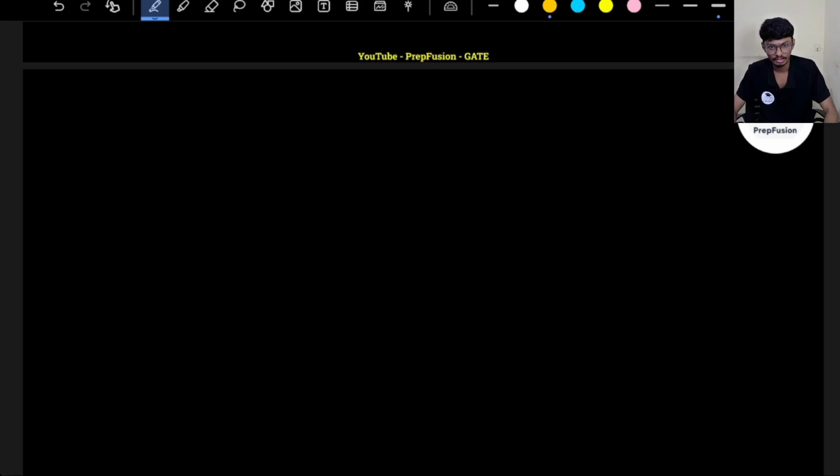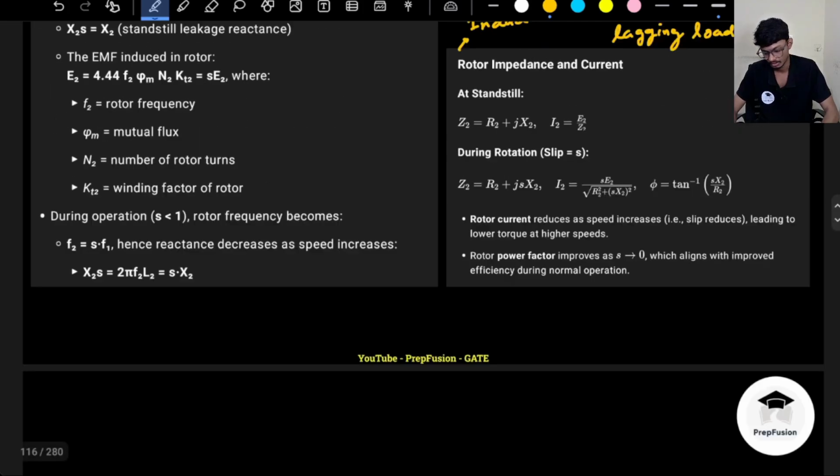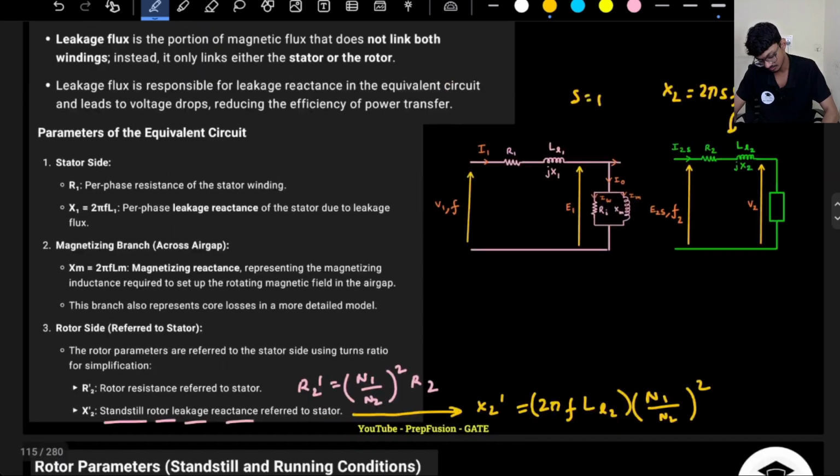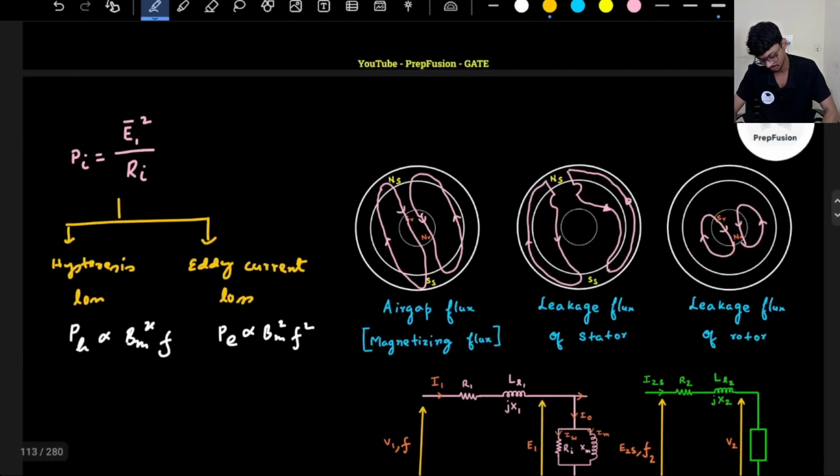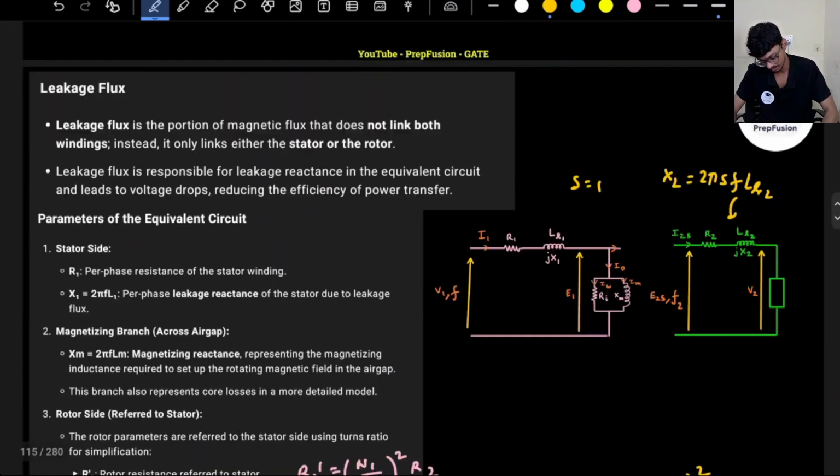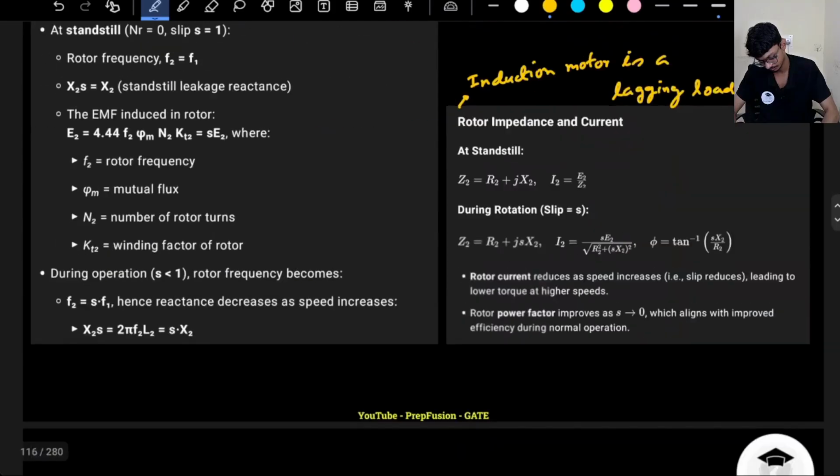Now, we have already discussed how to write the rotor equivalent circuit. If I want to interconnect the rotor equivalent circuit, how will I interconnect? What is the circuit that I have drawn? If I want to interconnect these things, let me copy this one.